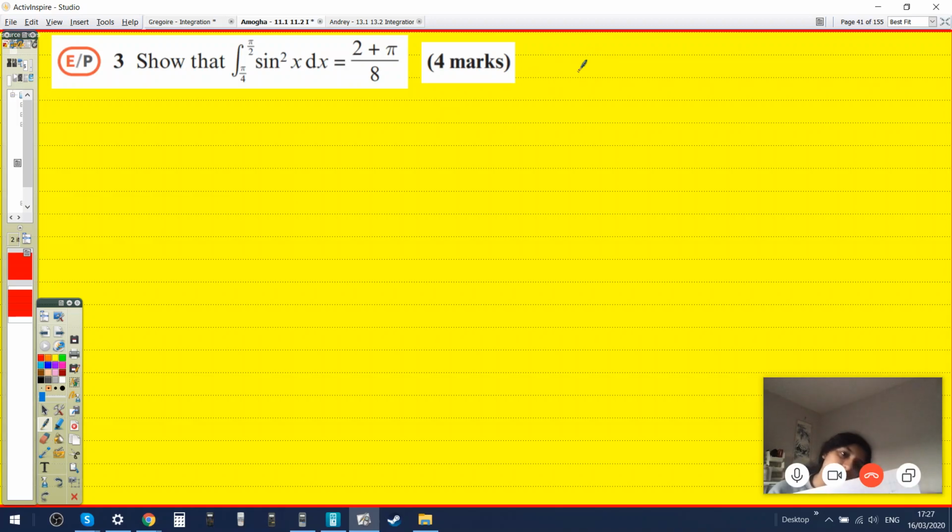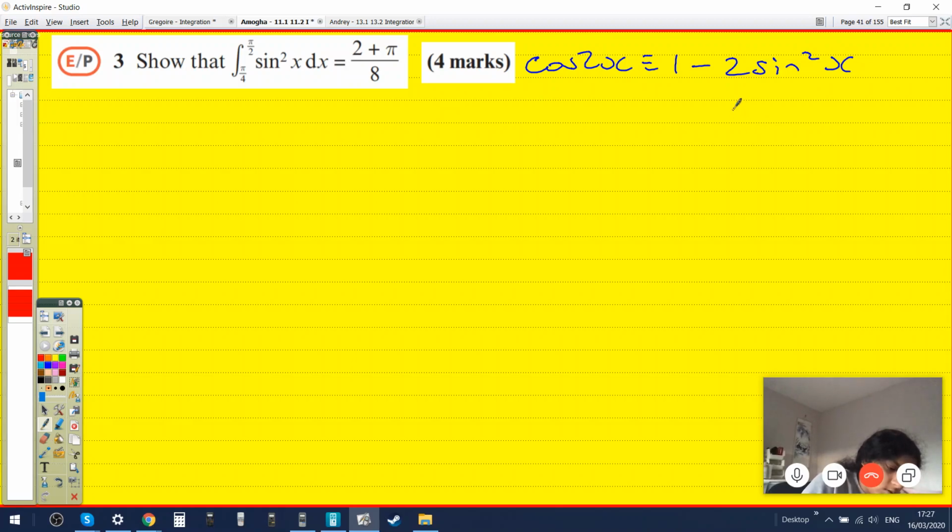Wait, no. Yeah, that's right. That's true. Does it help us? No, cos 2x is equal to 1 minus 2 sine squared x. There we go. This one. So sine squared x is equal to 1 minus cos 2x over 2.